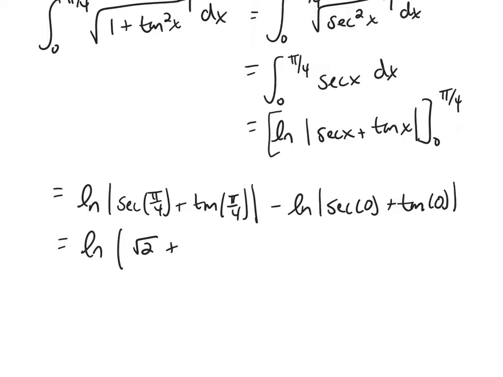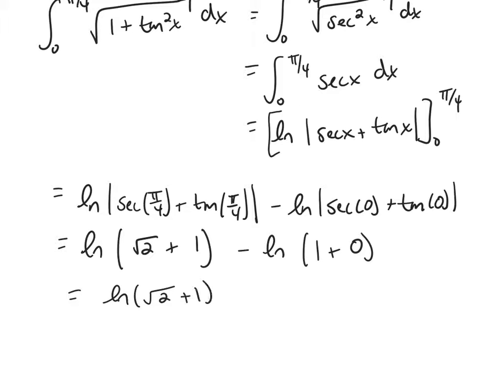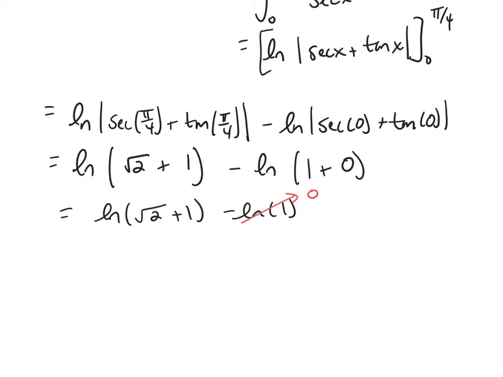Tangent of pi over 4 is 1. Those are both positive, so I can drop the absolute value. Secant of 0 is 1, and tangent of 0 is also 0, sorry. So we're getting ln of the square root of 2 plus 1, and ln of 1 is just 0. So in the end, I'm getting ln of the square root of 2 plus 1.